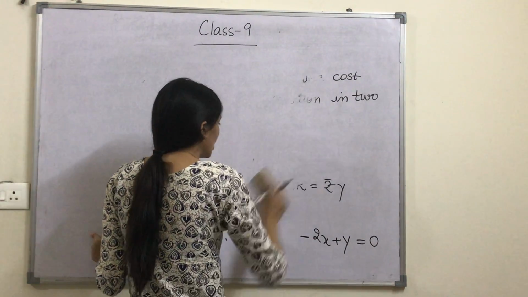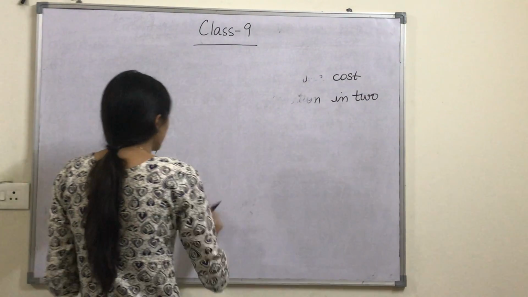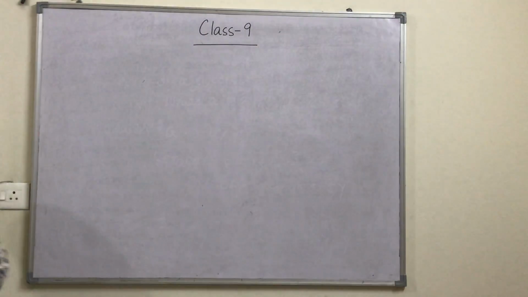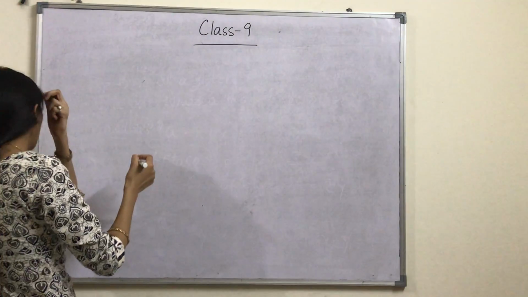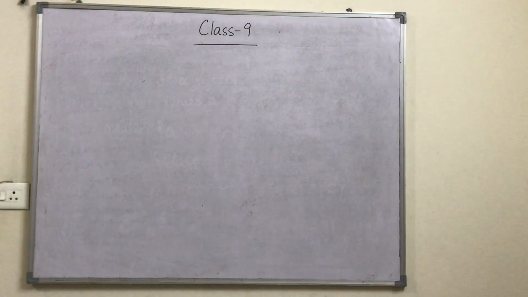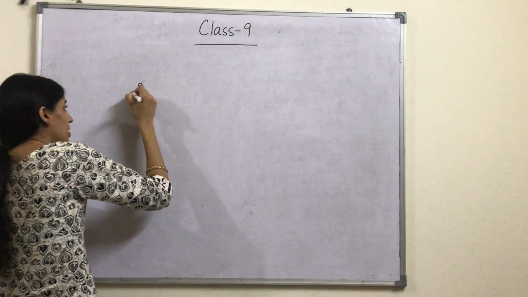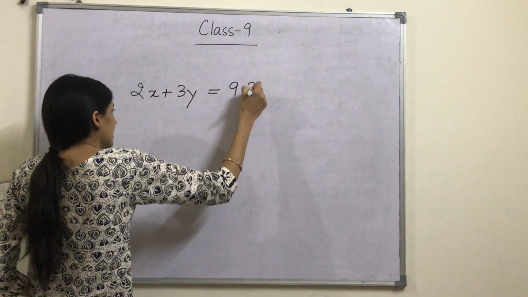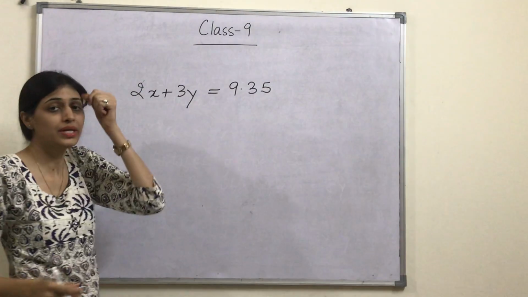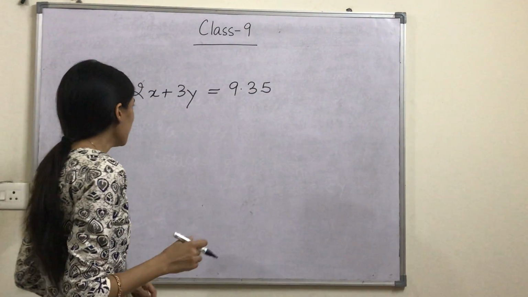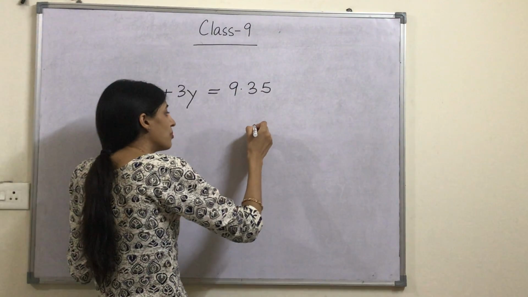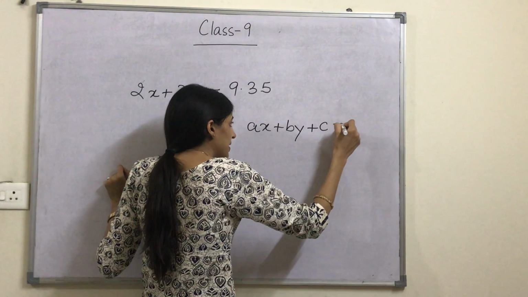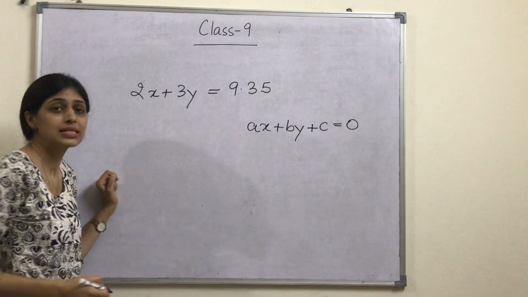Now, next question is, you are given an equation and from that equation you have to find out the values of a, b, c. Suppose the equation given to you is 2x plus 3y equals 9.35. Now look carefully. We know the general form of linear equation in two variables is ax plus by plus c equals to 0.